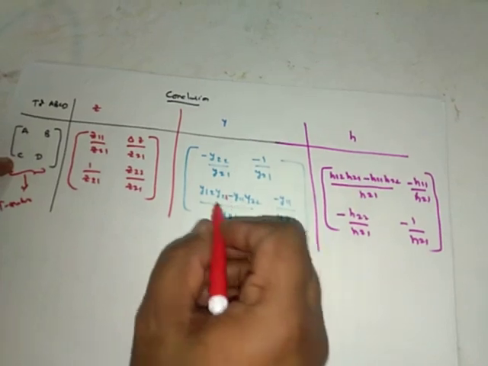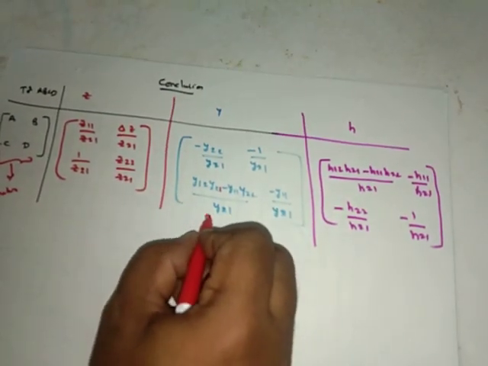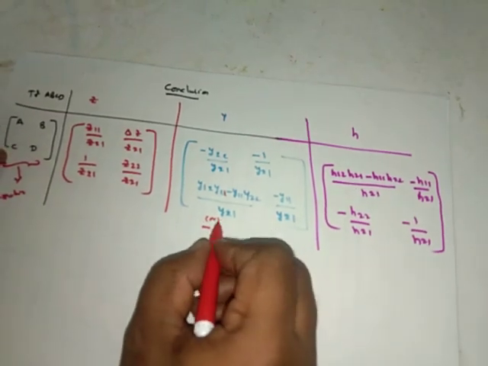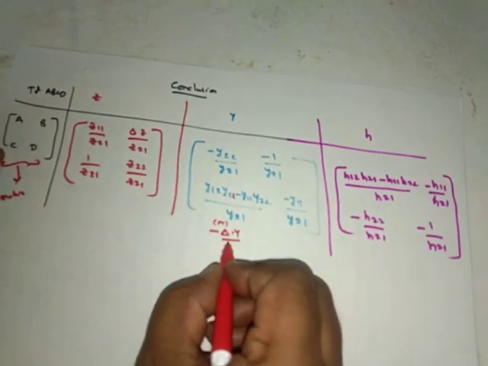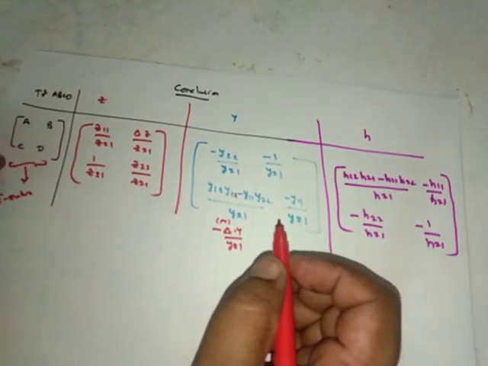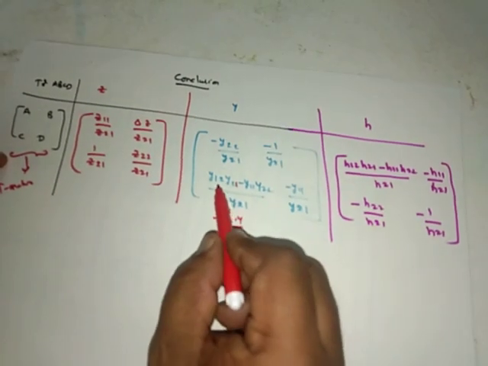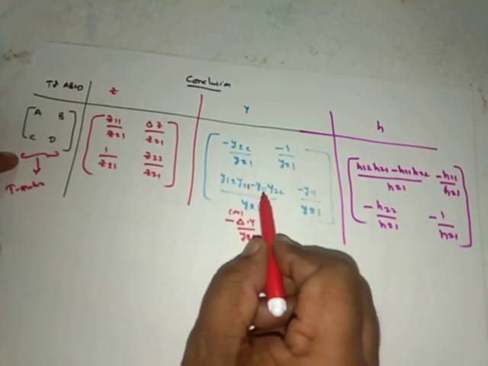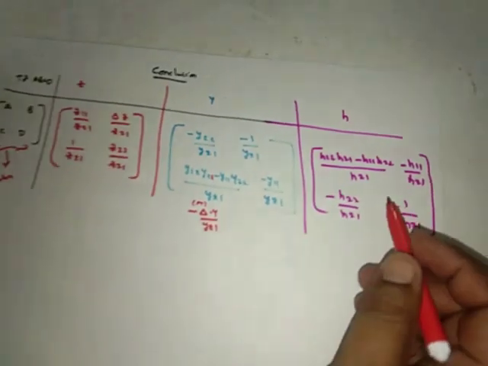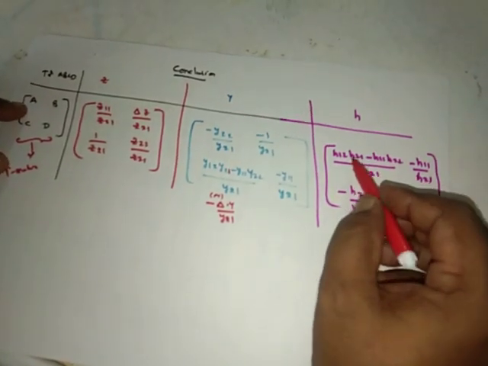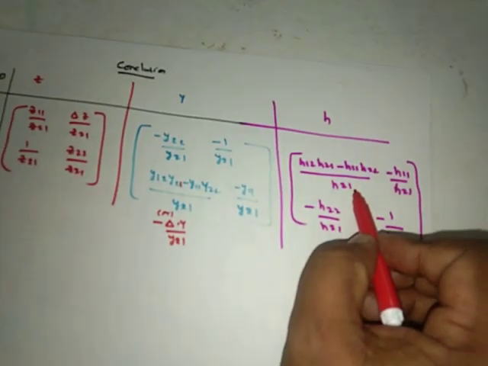Or we can express this in terms of the determinant of Y matrix by Y21. Or otherwise Y12 into Y21 minus Y11 into Y22 by Y21. Similarly here A is equal to H12 H21 minus H11 H22 by H21.